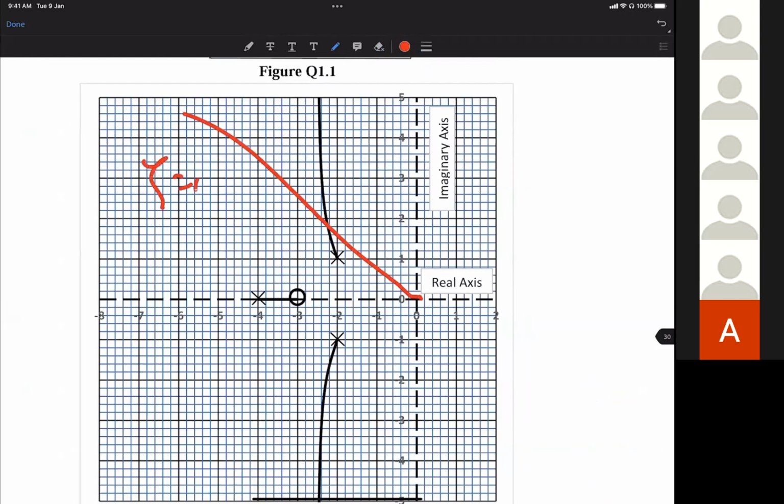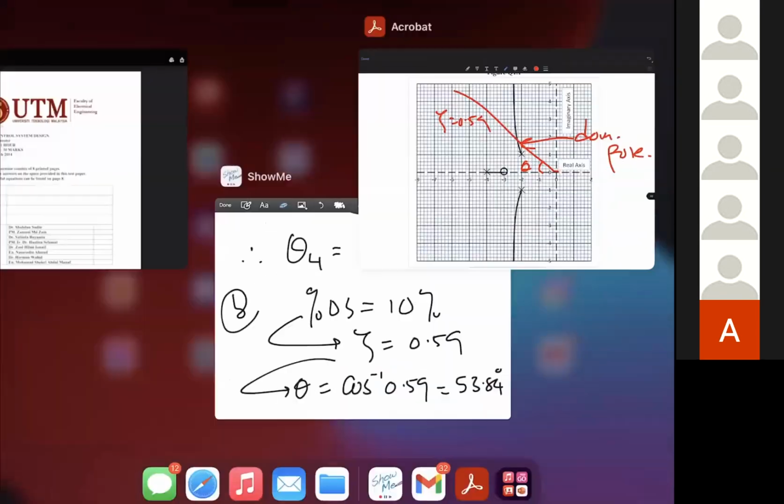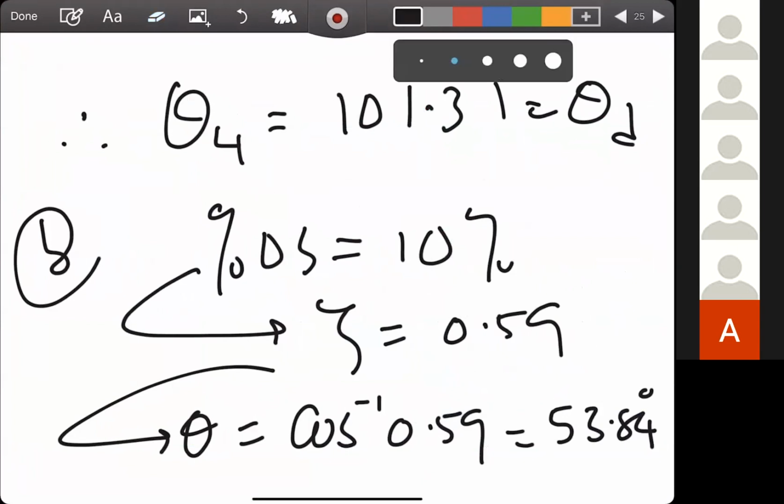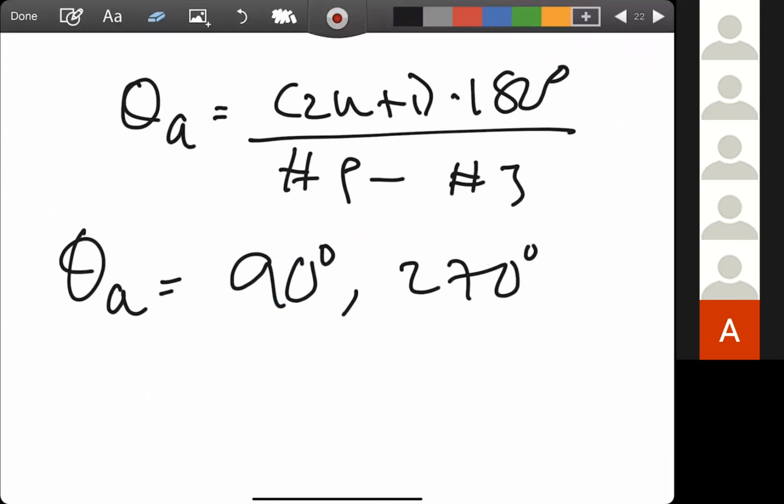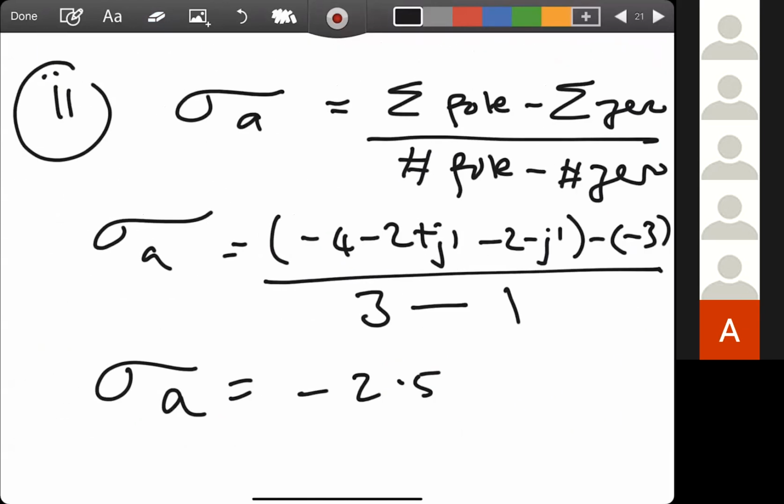Theta. So this is the dominant pole. Regarding the angle of asymptote, you replace K equal to 0, 1, 2, that is the formula. Before that, this is the asymptote point.